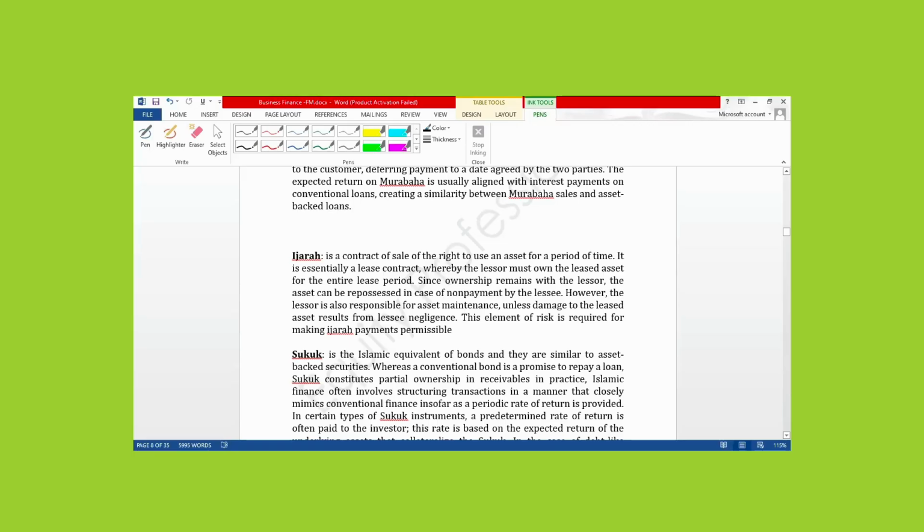The investor in Sukuk becomes owner of the asset, and they will continue to get return on the asset. Inasmuch as the asset is still in existence, they will get expected return. But the bond will not be redeemed.